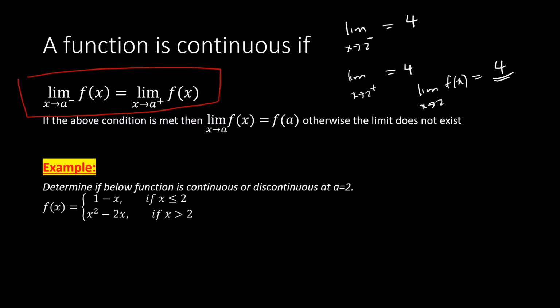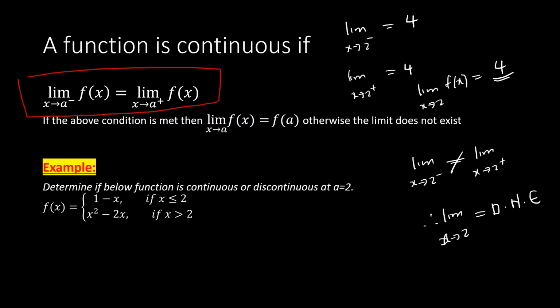But if these two are not the same, therefore we say the limit does not exist. So we'll say the limit of x approaching 2 does not exist, like that.